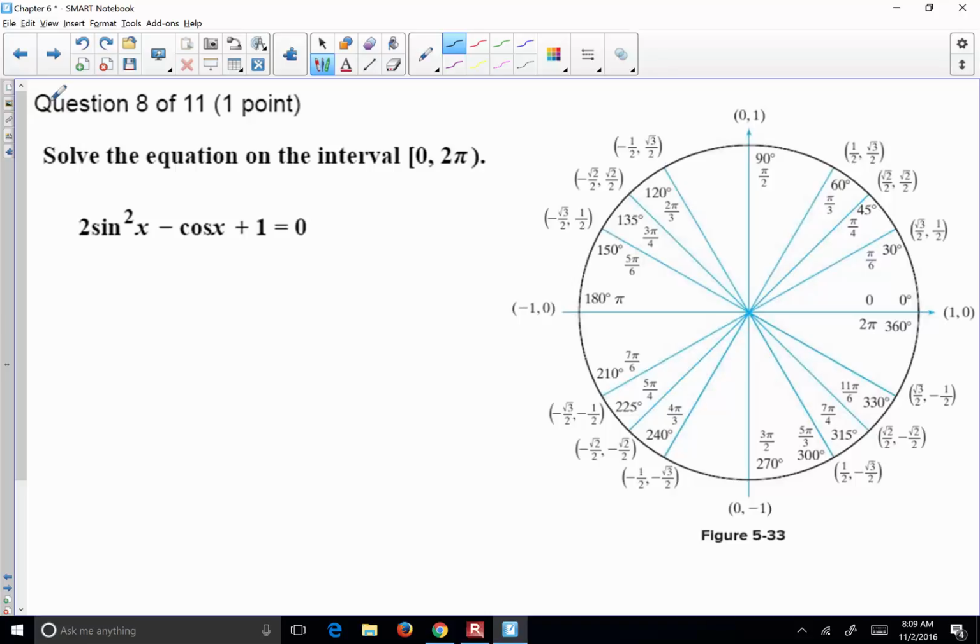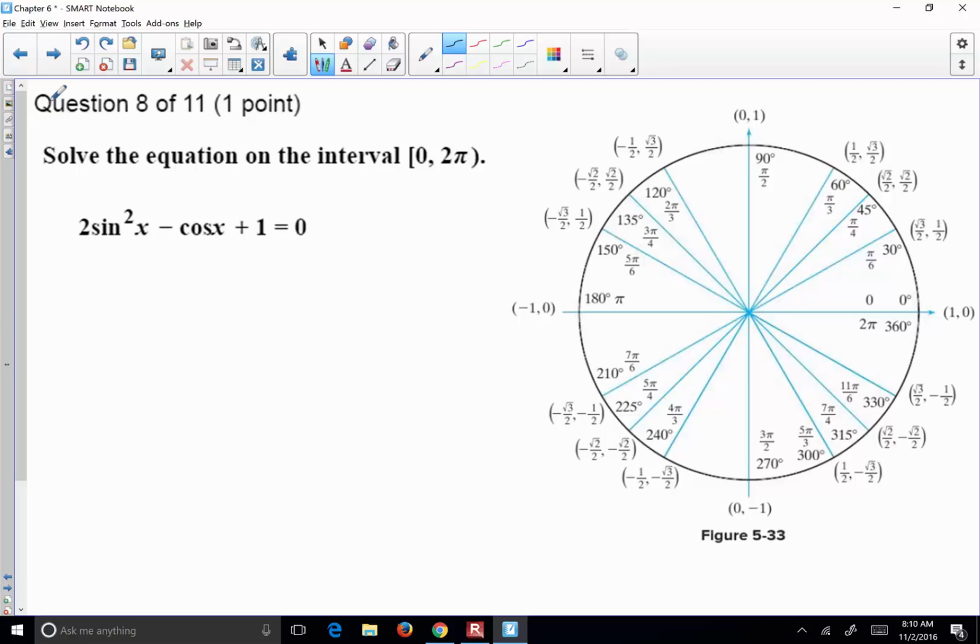If they are not alike, is there a way to make them alike? Is there any way you can convert cosine into sine or sine squared into cosine? I think there's a way. How do you make one of sine or cosine into another?